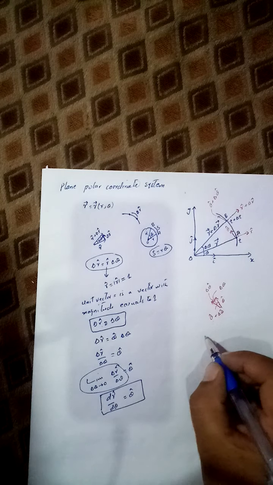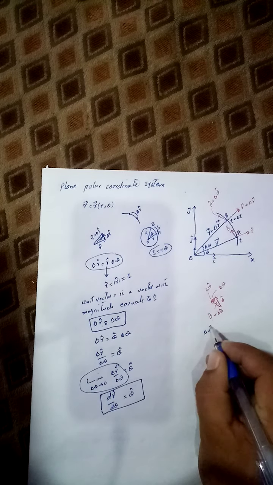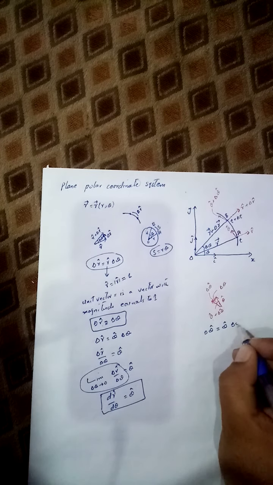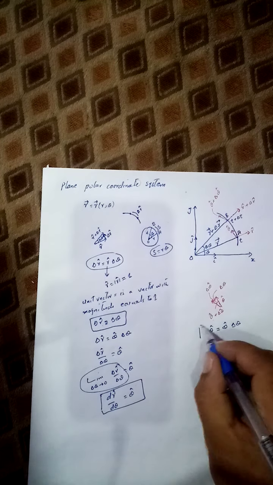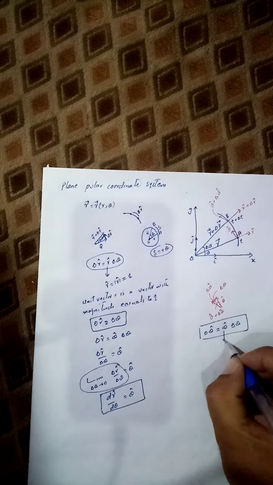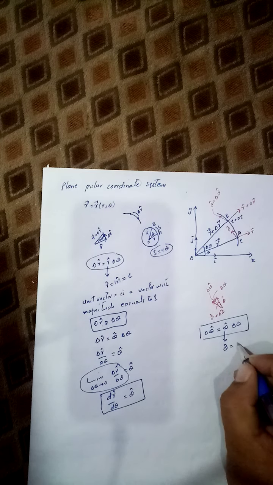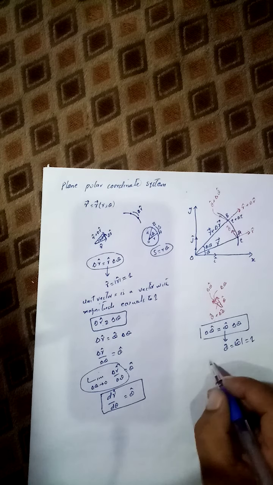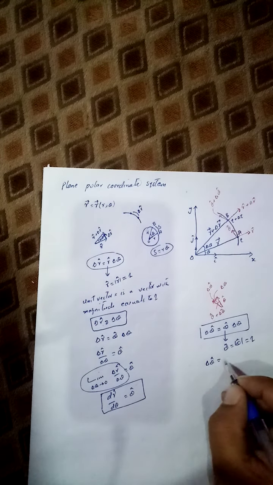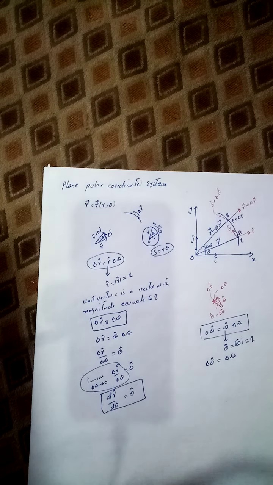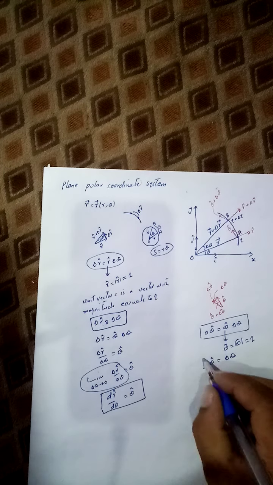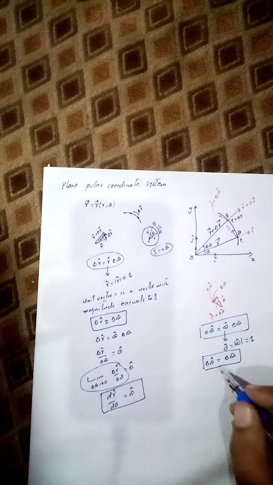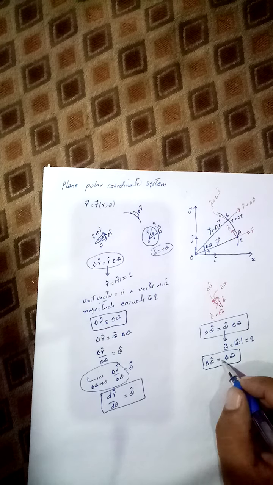So delta theta cap is equal to theta cap times delta theta. Again, this is a scalar equation. If it's a scalar equation, then this unit vector represents the magnitude of the unit vector, which will be equal to 1. If I put this value, then delta theta cap will be equal to delta theta. Now I have to convert this equation into a vector equation, so I will introduce the direction here.